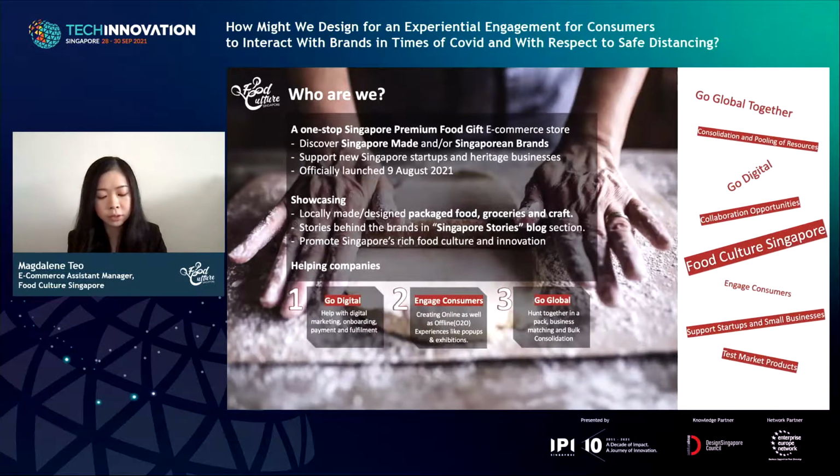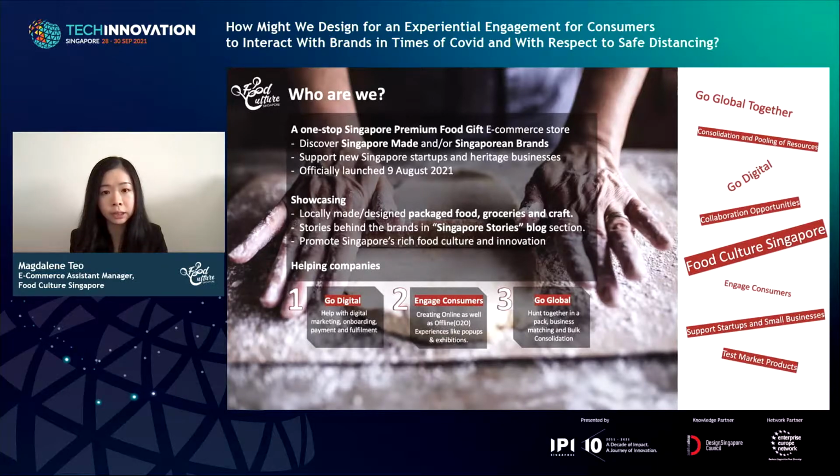We also help with their inventory management, order fulfillment processes, and processing payment as well. But more than just that, we want to engage consumers and help brands reach new target audiences as well. We do this through creating online as well as offline experiences like pop-ups, exhibitions, roadshows, etc.